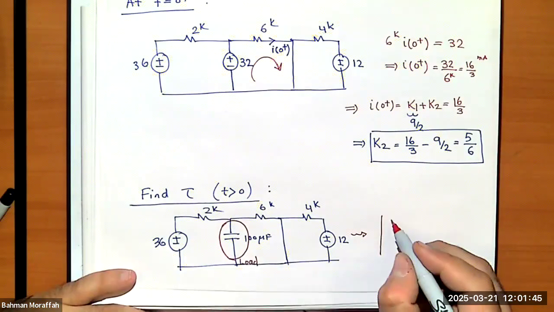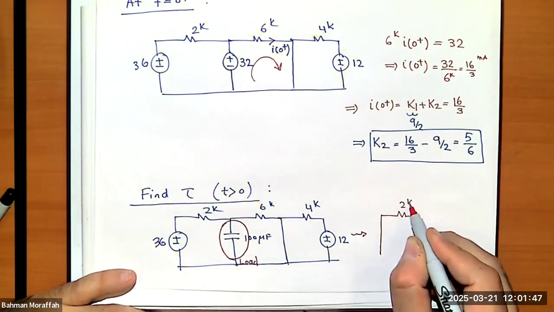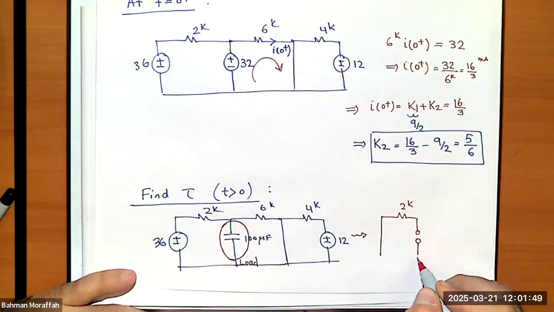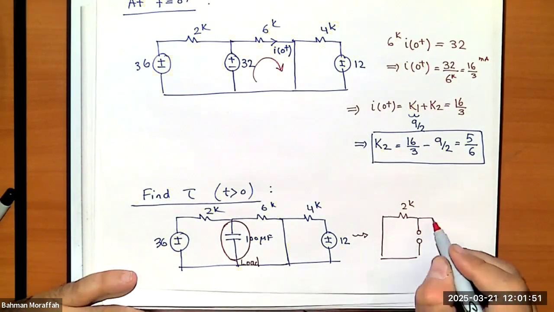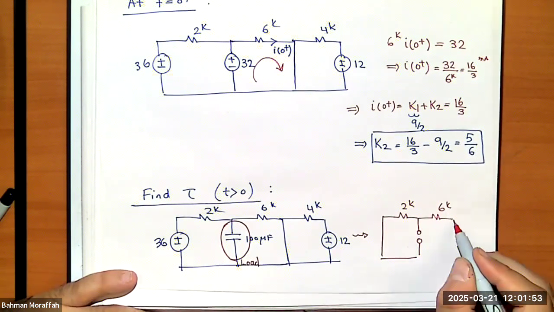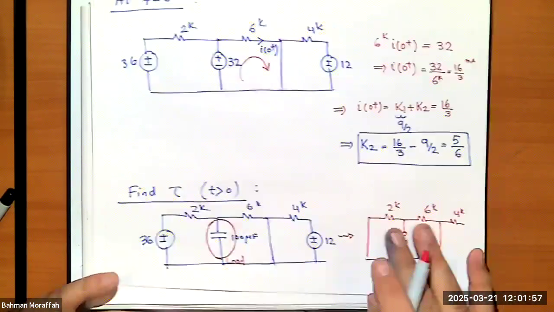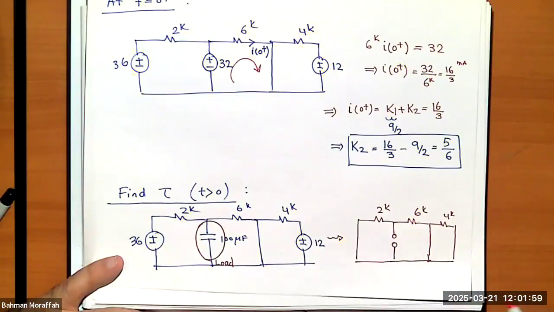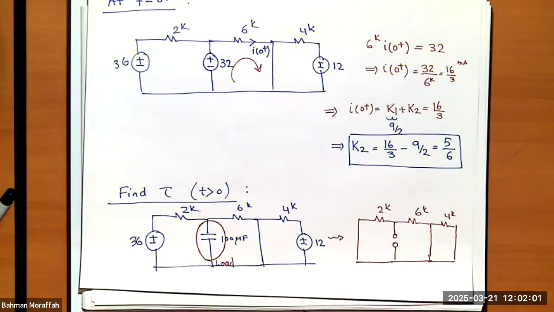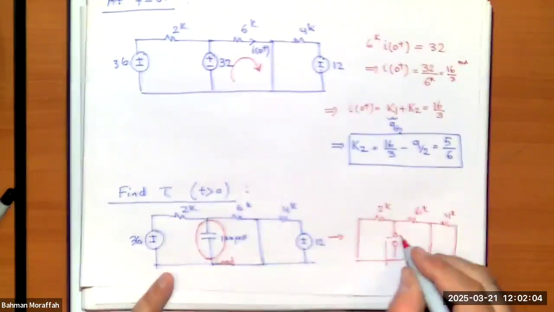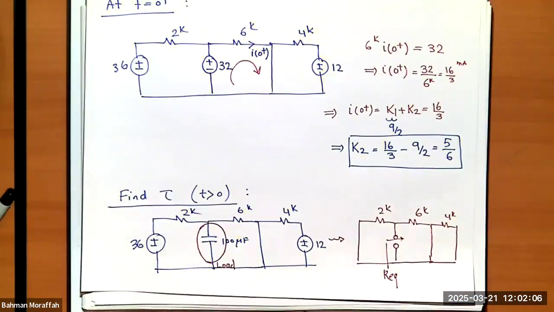So I'm going to short out this 36. I have this 2K. This is where my load is located. I have a 6K. I have this 4K. And I'm going to have to short out this 12. Right? And the idea is to find R equivalent here.